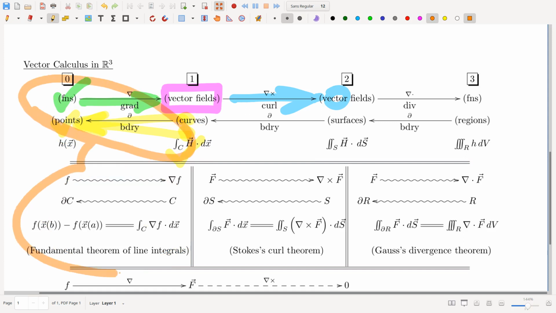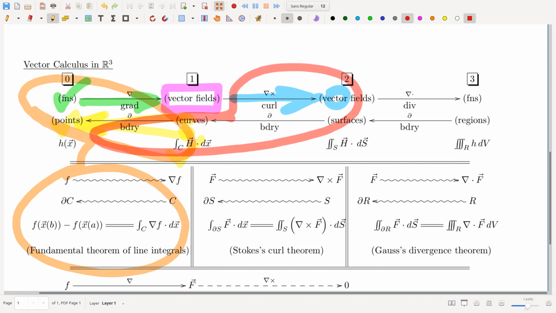We use the fundamental theorem of line integrals to draw the connection between being a gradient and having this path independence property. Okay. We also, just a reminder, drew a relationship between path independence and curl being 0. And if you look back at how we did that, Stokes' curl theorem was the big tool that made that happen.